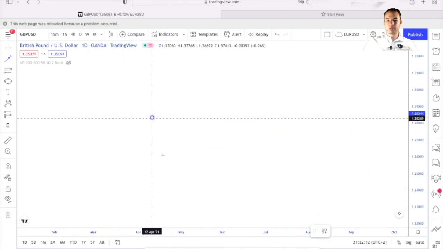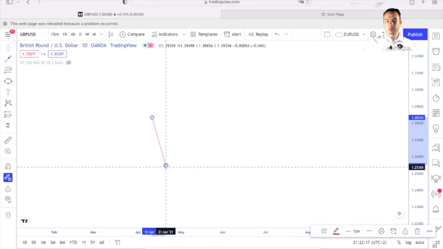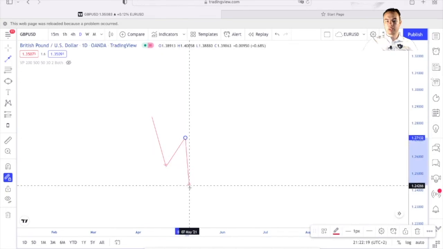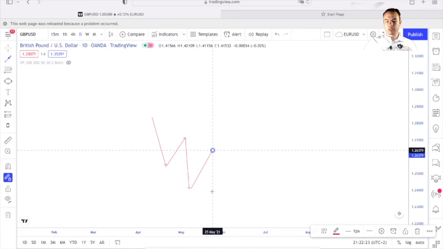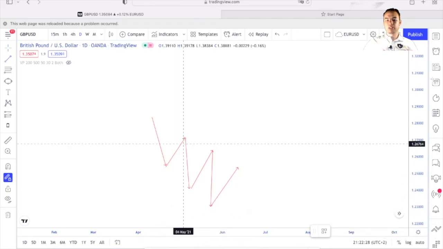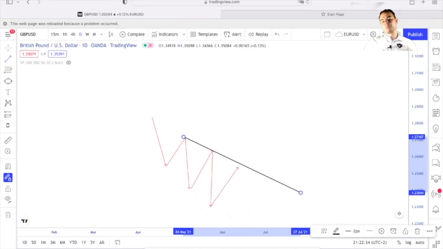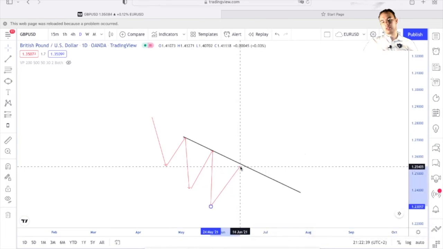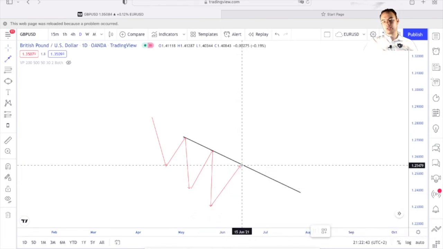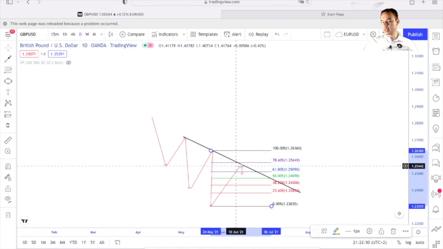Descending is when the market pushes down. It makes a lower high, lower low, lower high. So just like that. Now your descending trend line is like that. If it comes here and you can see it starts to reject, I mean, you can put your Fibonacci, 78.6, trend line, candlestick formation.